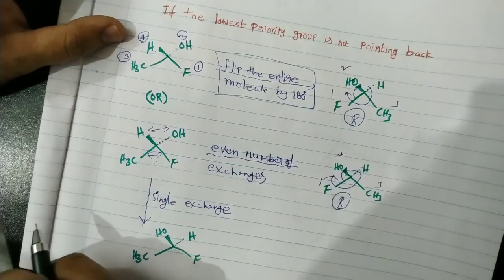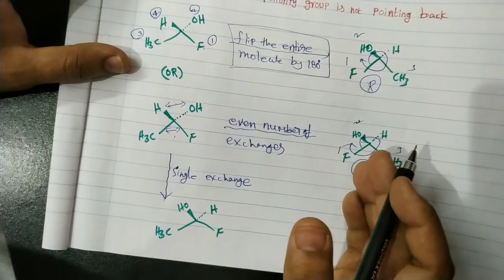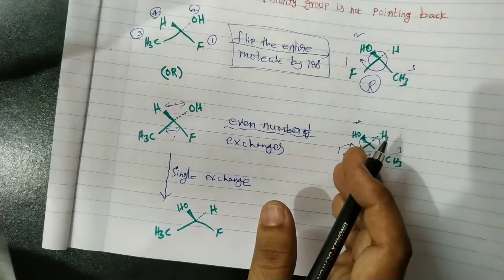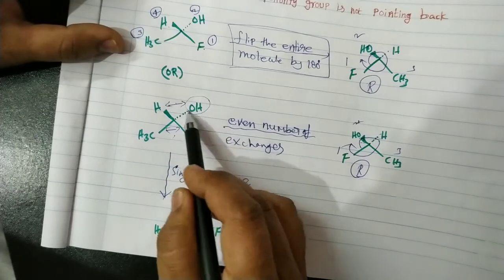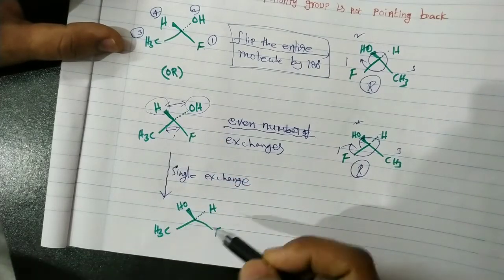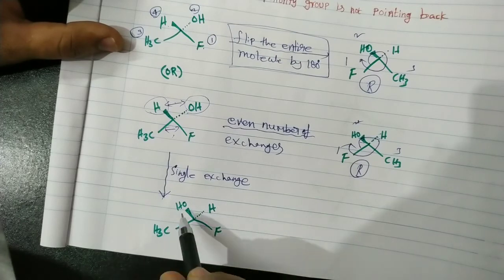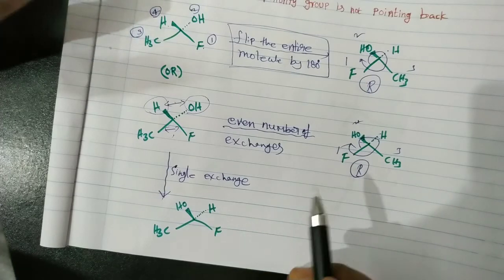Okay, now if you take a single exchange, that means an odd number of exchanges, we will get the configuration in reverse. Here only these groups are exchanged. Of course, the least priority group goes below the plane, as the least priority group must be below the plane.